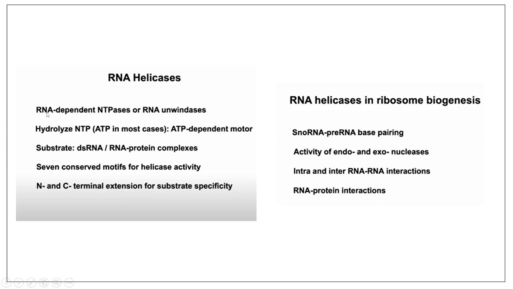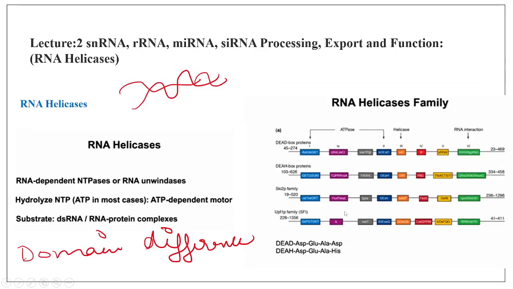Just like what we said, the substrate can either be double stranded RNA or RNA protein complexes, and there are 7 conserved motifs for the helicase family. 1, 2, 3, 4, 5, 6, 7, 8. Okay, you can see these motifs are conserved.